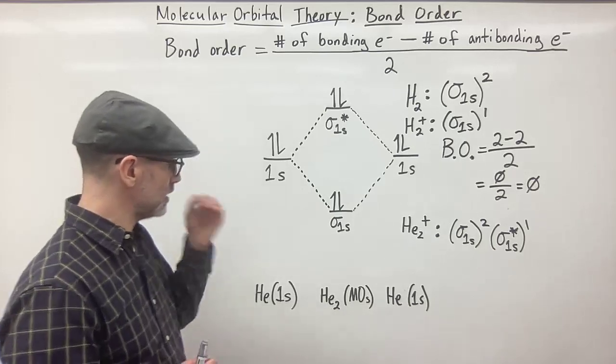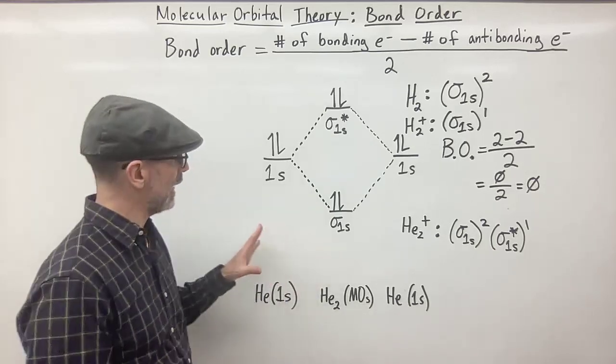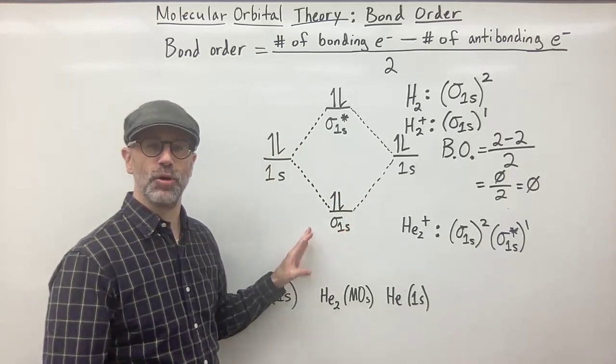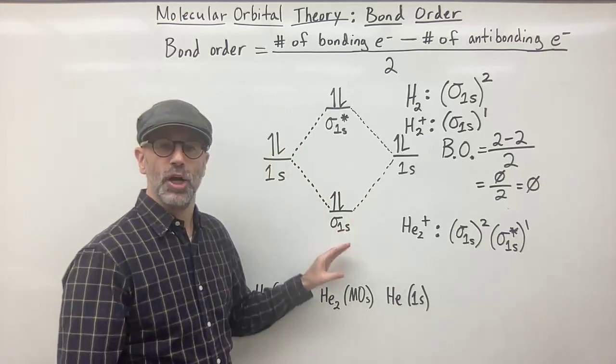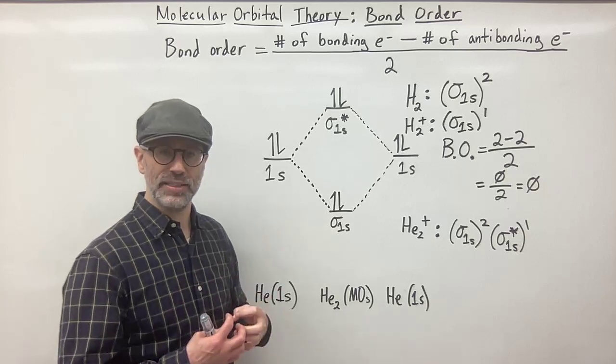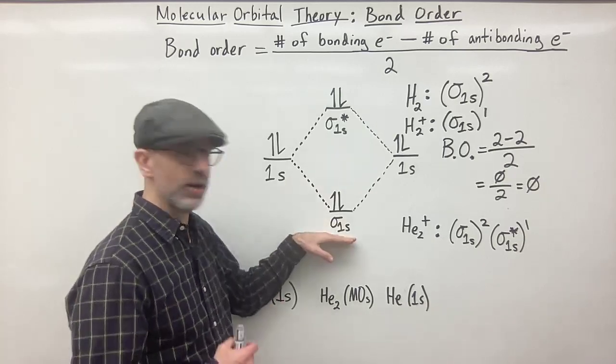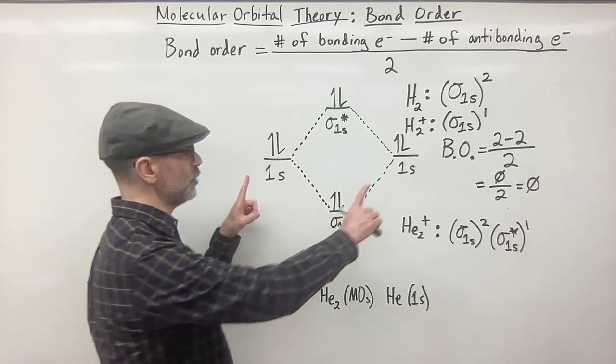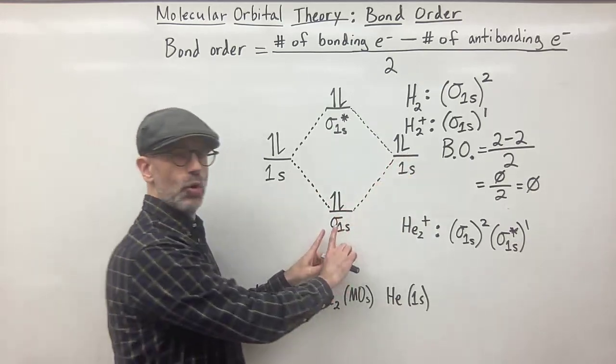And what this shows us, and I said this before in my previous video, is that your bonding molecular orbitals have a stabilizing effect. So this is lower in energy. These electrons want to go into lower energy.